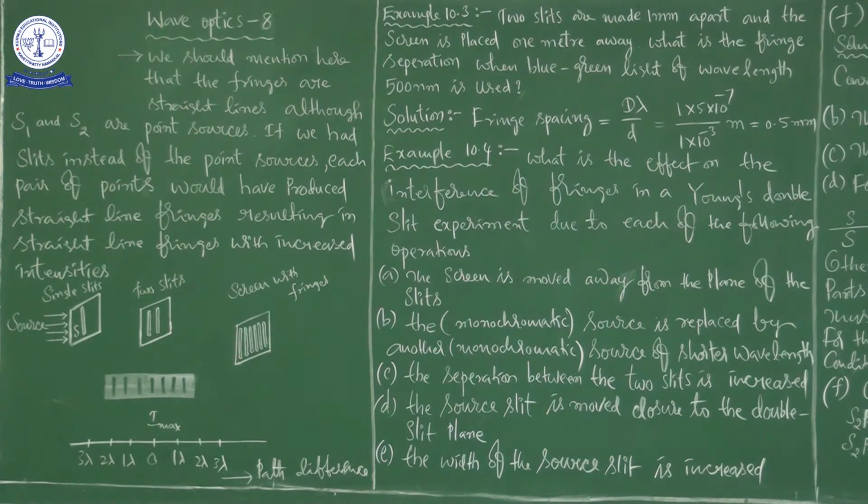See here, these are the fringes, these are the two slits. It is a single slit source, right? Here we have two slits, and here you can see the straight line fringes, resulting in straight line fringes with increased intensities.